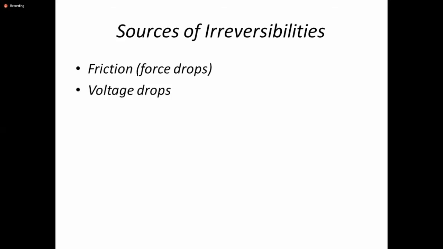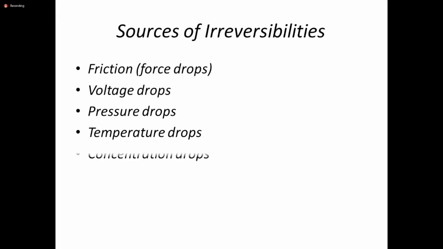What are the various sources of irreversibility? First, friction. Friction is the most important source. Second, voltage drop, resistance, pressure drop, temperature drop, concentration drop.